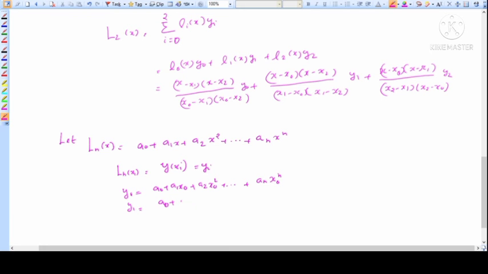Next, y1 is equal to a0 plus a1 x1 plus a2 x1 square plus etc. plus an x1 raised to n.